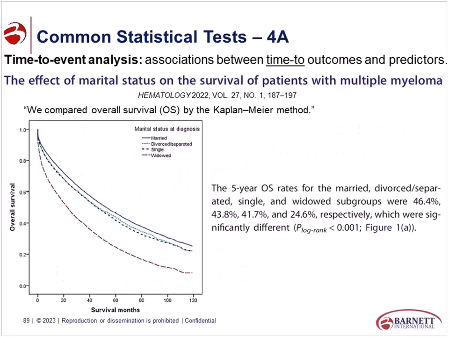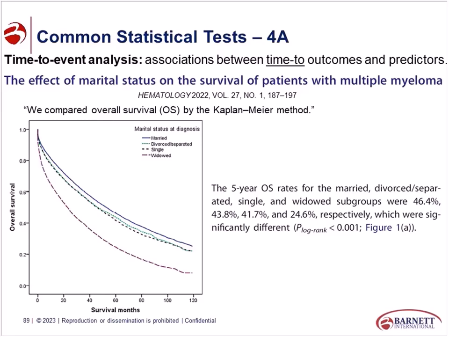Time to event analyses. Here we have the effect of marital status on the survival of patients with multiple myeloma. Interesting question. It's asking what a person's trajectory is: if a person is diagnosed with multiple myeloma, what is their overall survival across different statuses?